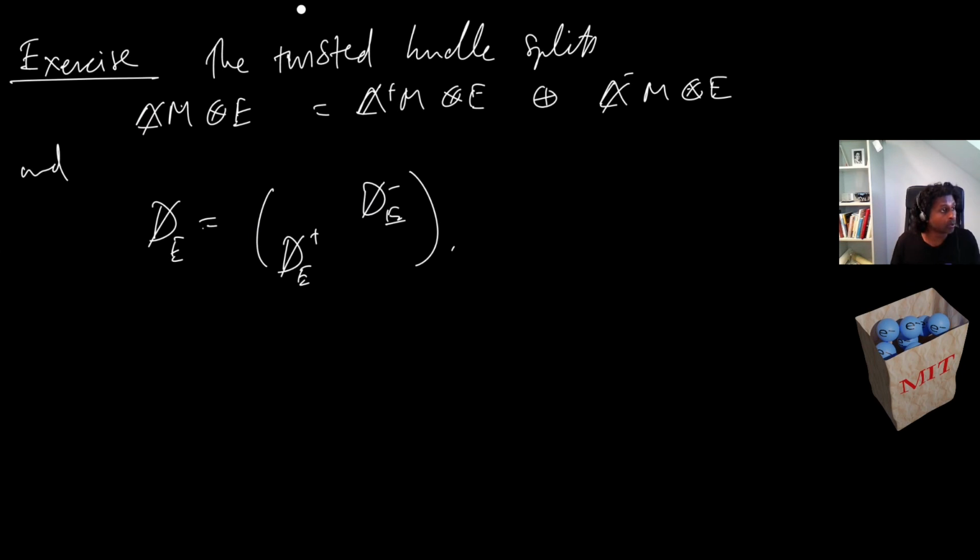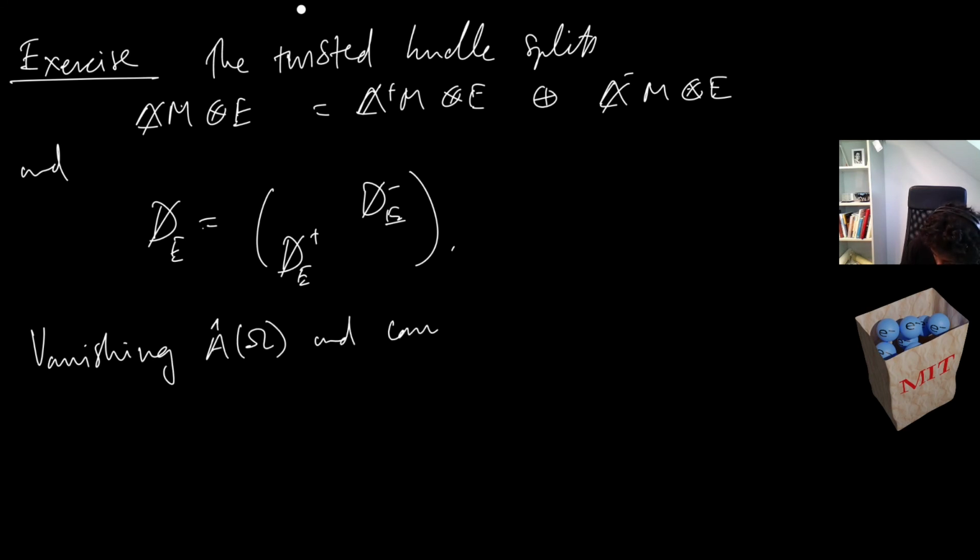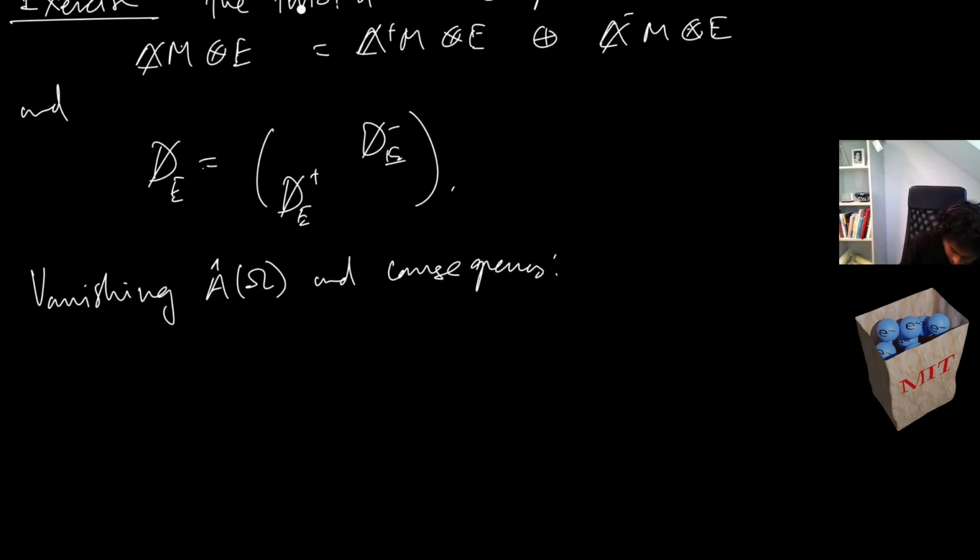Okay, so we want to now think about some geometric consequences, right? So vanishing A hat and consequences. So let's think about what happens when m is odd. Let's just remember that we have n equal to 2m.